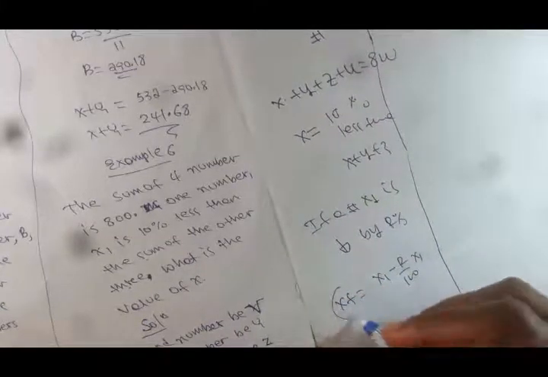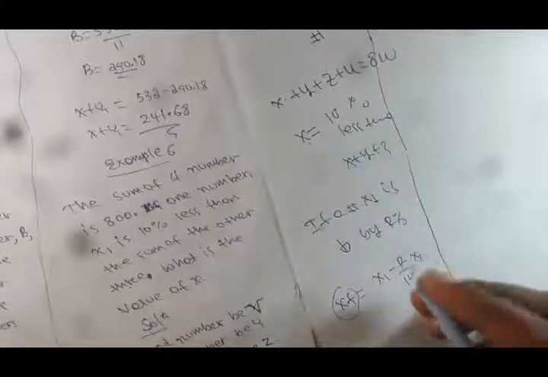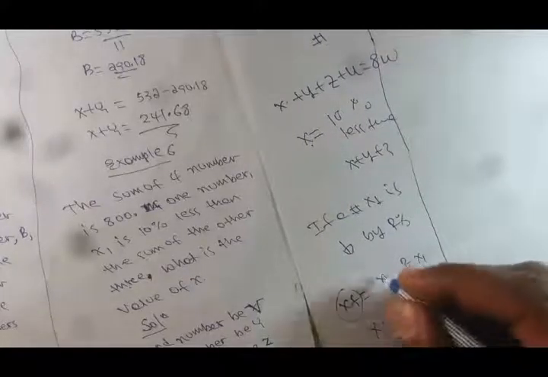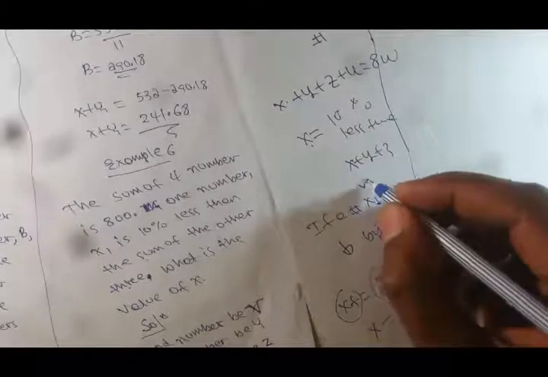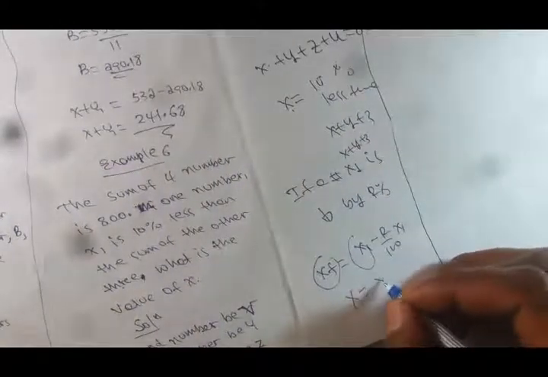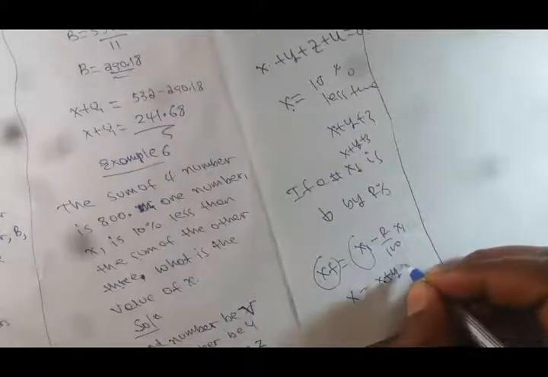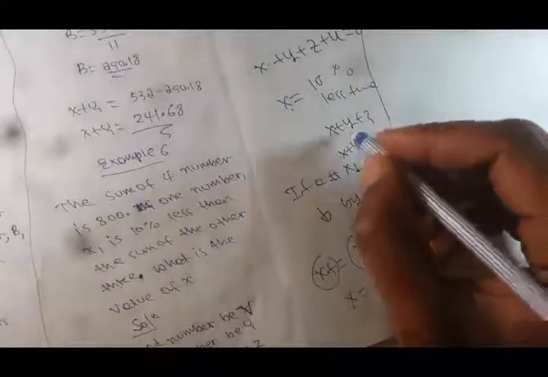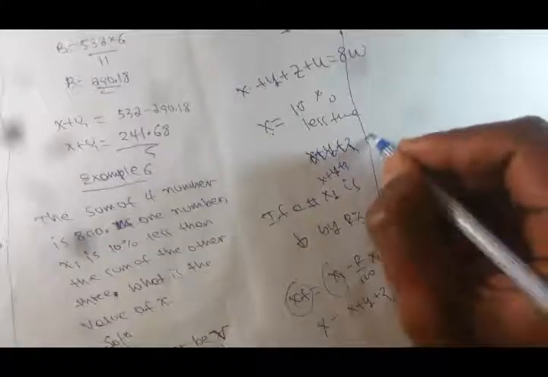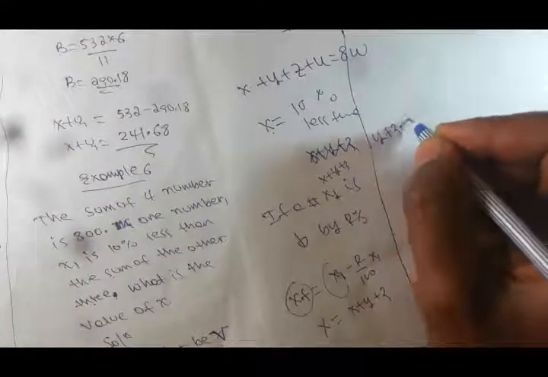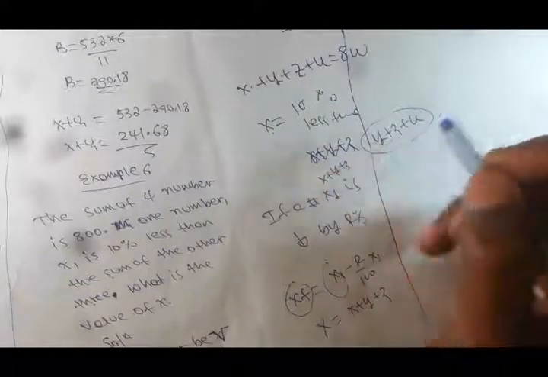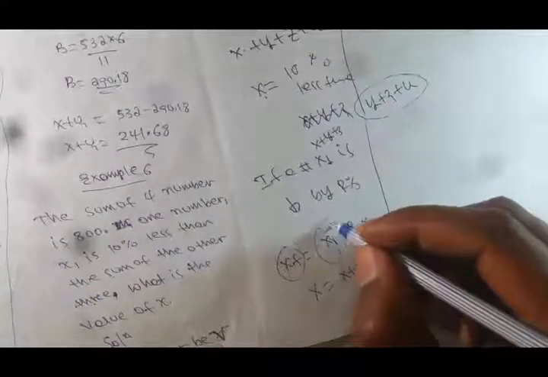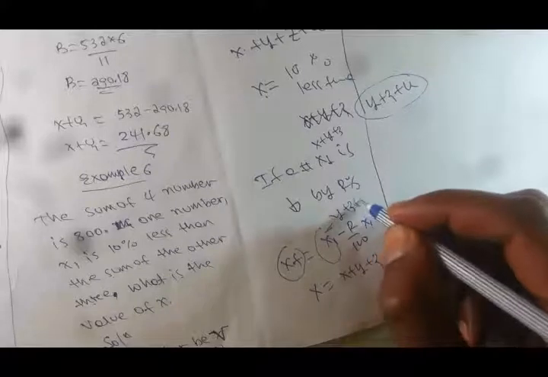In our case, the final value is x, and x1 is the sum of the other numbers. Not x plus y plus z, rather it becomes y plus z plus u, because the sum of the numbers other than x is y plus z plus u. Therefore, x1 will be y plus z plus u.